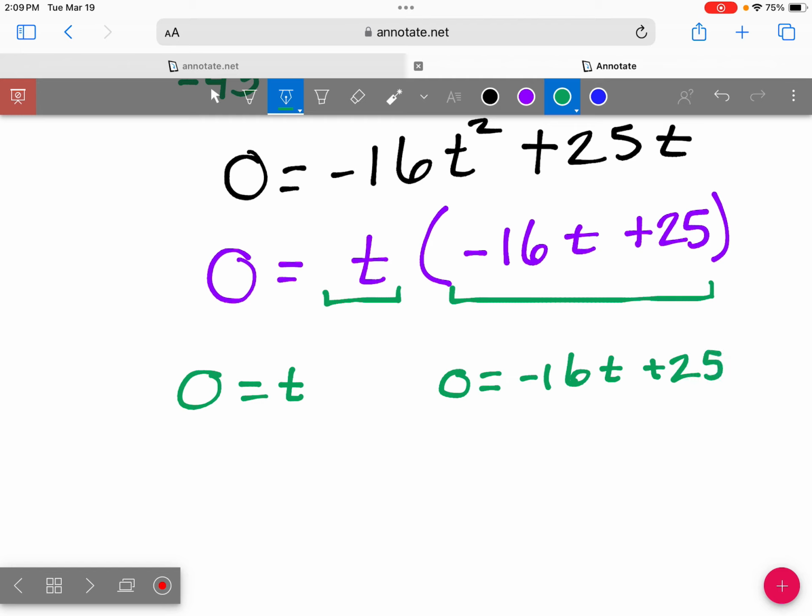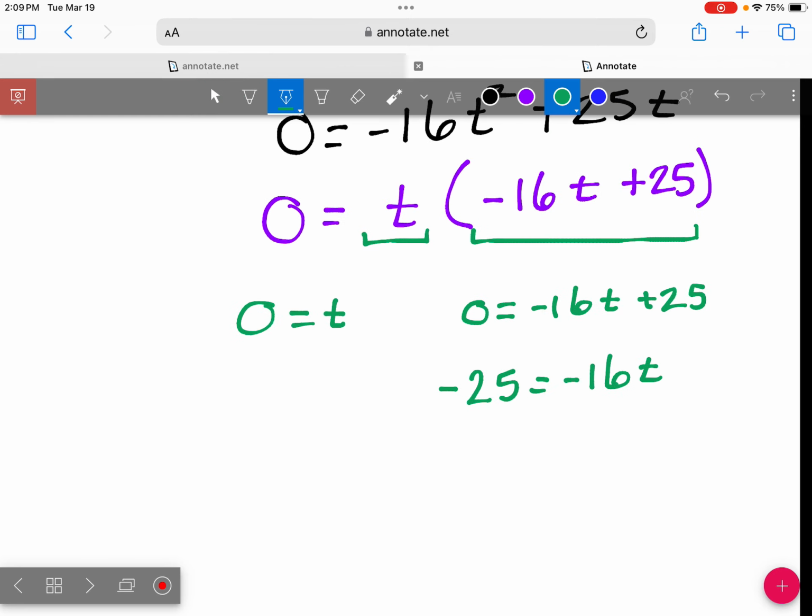How can I figure out what t is? Subtract 25 from both sides. So we're going to have negative 25 equals negative 16t. What do I do to get t by itself? Divide by negative 16.